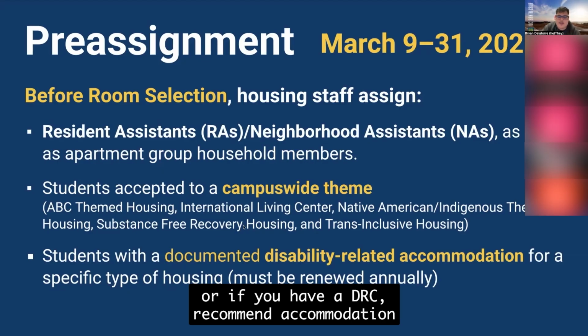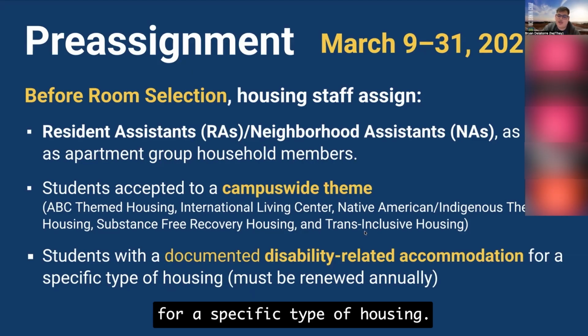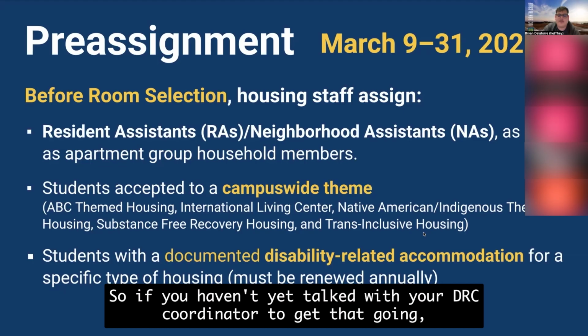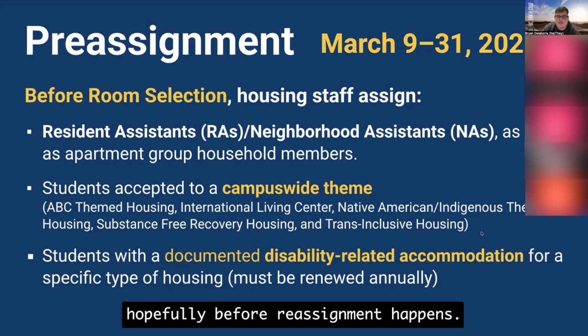Or if you have a DRC recommended accommodation for a specific type of housing. Note that this must be renewed annually, so if you haven't yet, talk with your DRC coordinator to get that going, hopefully before pre-assignment happens.